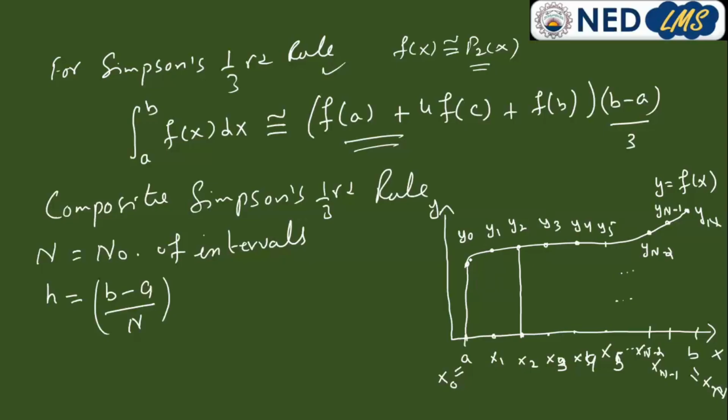I cannot replace between 2 points, I need 3 points. So the data x in the interval, I am using this as A, this as B, and this point as C, which is obviously the midpoint of these two. So in Simpson one third, we make a pair of two intervals.